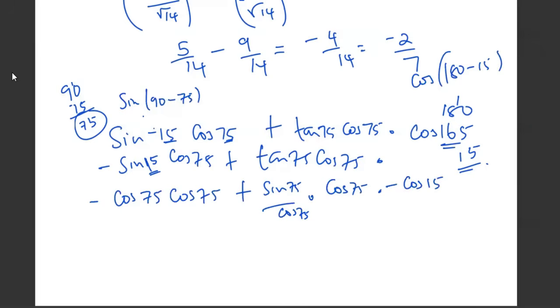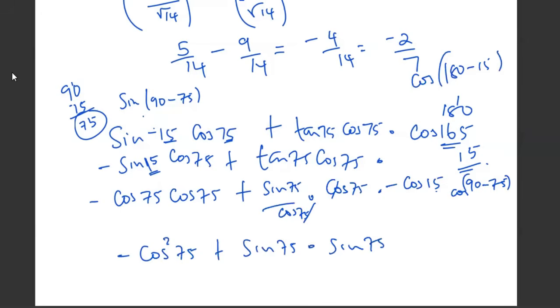And if it's a negative cos 15, I know that this is going to be a 90 minus 75, which will give me now a positive. Okay, so I have a negative cos squared of 75. This cancels that. I have a sine 75, and then if I bring in a cos of this, it's going to give me a positive sine of 75. Is that true? Yes.